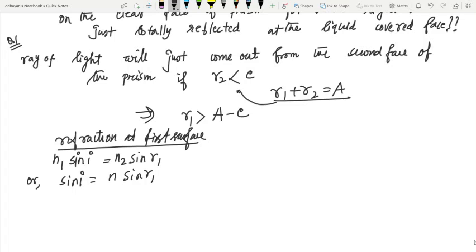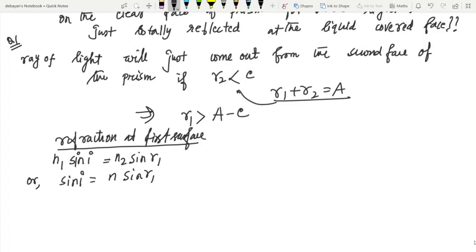Since you have to find I, it should be sine inverse of sine A root of n square minus 1, minus cos A, because the n cancels.